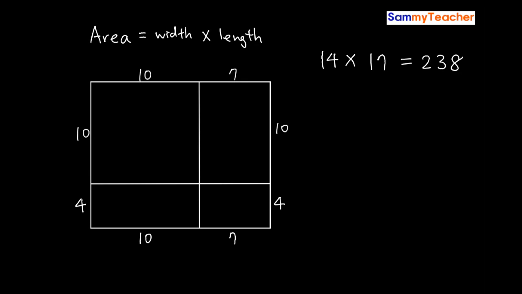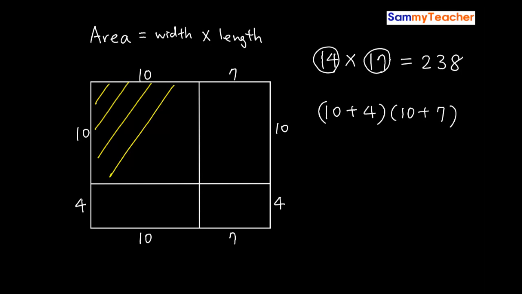And I divided the rectangle into 4 smaller rectangles. If I express this as numbers, I can rewrite 14 as 10 plus 4 and 17 as 10 plus 7. To find the area of this part, I would have to multiply 10 by 10.